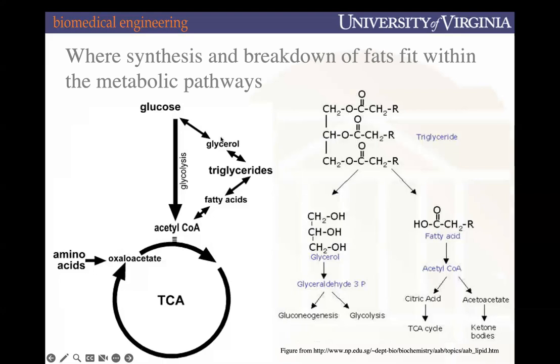At the beginning we can produce glyceraldehyde 3-phosphate that triglycerides can feed into. It can feed into the formation of acetyl-CoA by the beta oxidation of fatty acids, or amino acids can feed into the TCA cycle with some of the different possible metabolites that can be derived from amino acids.